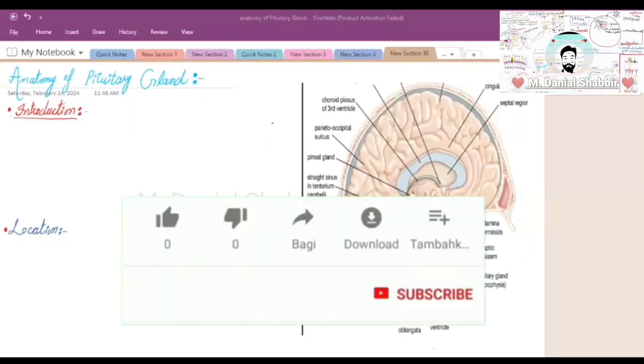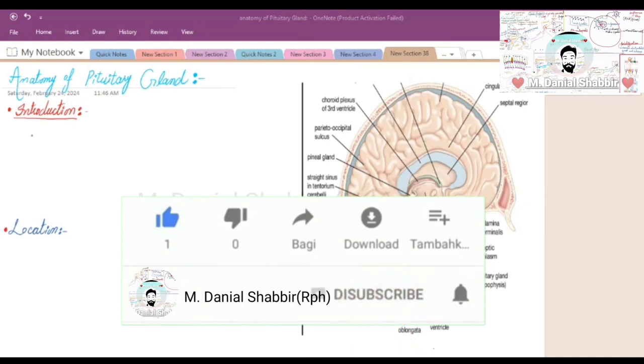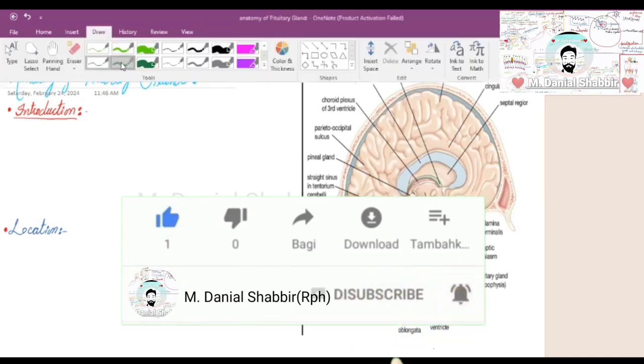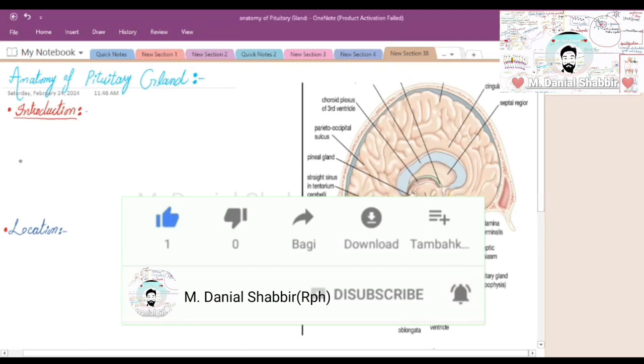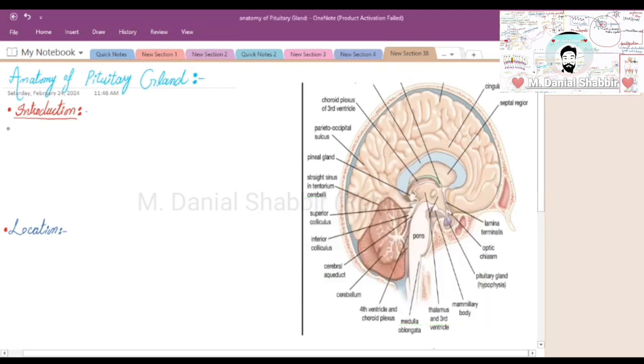Okay, dear students, today we are going to discuss the anatomy of the pituitary gland. First, we are going to start with the introduction of the pituitary gland. Everyone has to write with me.